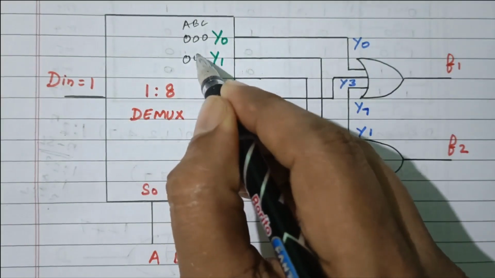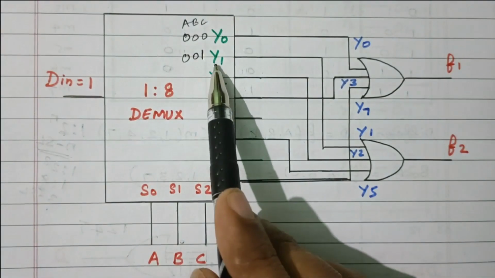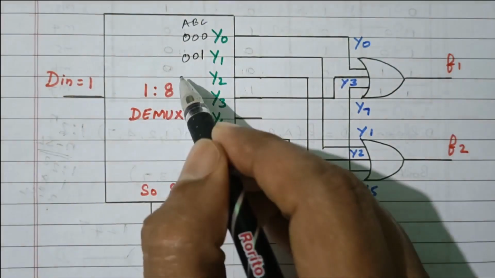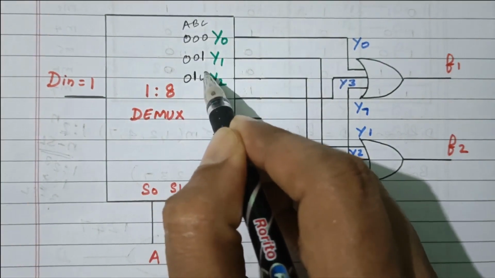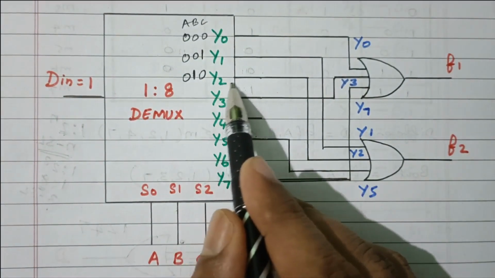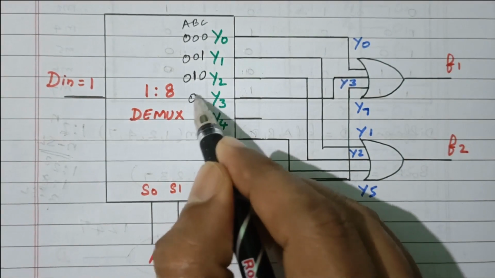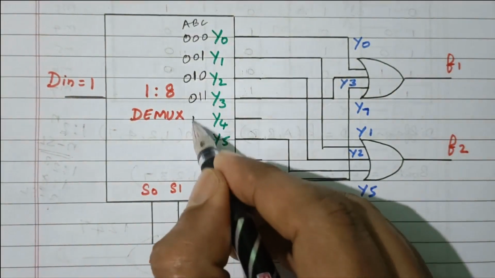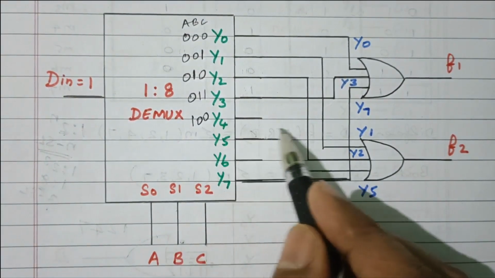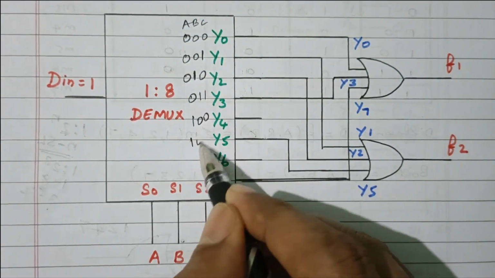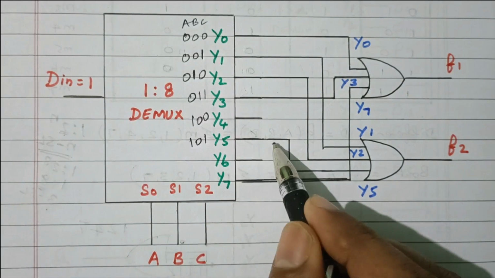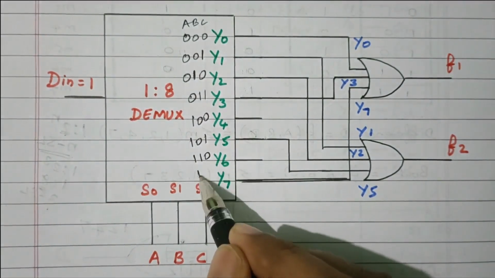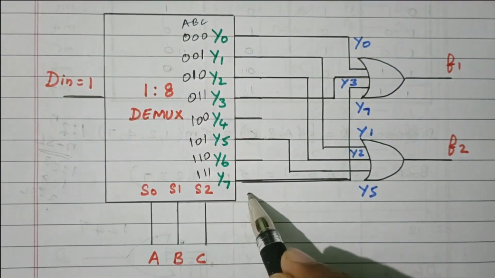If ABC is 0, 0, 1, then Y1 will produce the output. Other outputs are 0. Similarly, 0, 1, 0 means Y2 will produce the output. 0, 1, 1, Y3 will produce the output. 1, 0, 0, Y4. 1, 0, 1, Y5. 1, 1, 0, Y6. 1, 1, 1 means Y7.